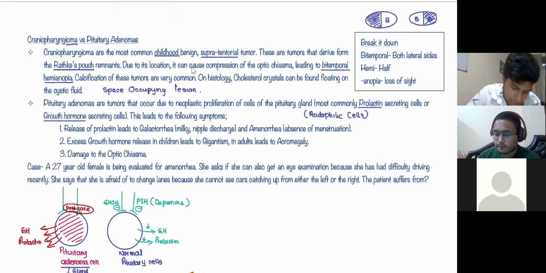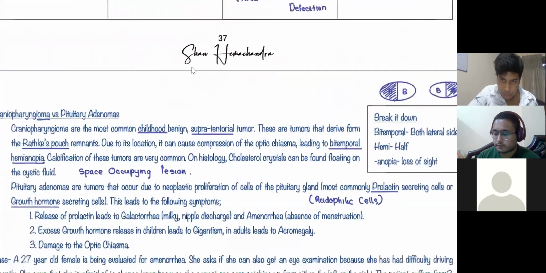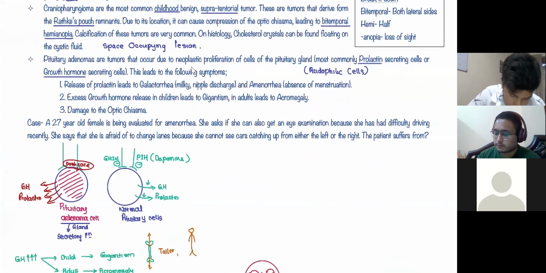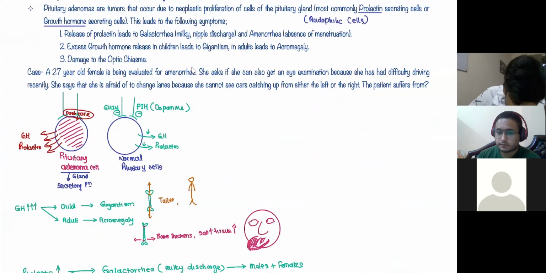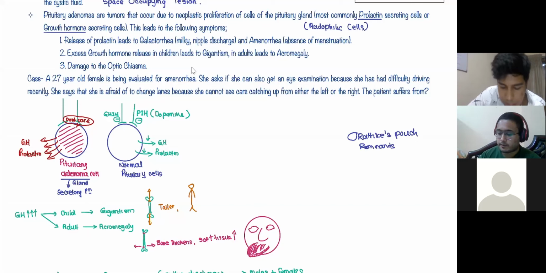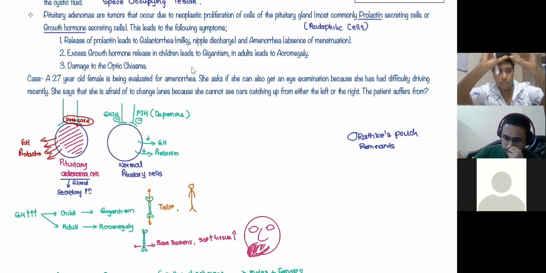Now there was a word here that said supratentorial. I will explain the differences now. Craniopharyngioma is a tumor that occurs because of cells in the Rathke's pouch remnants. These cells are supposed to go and attach to the developing posterior pituitary and form the anterior pituitary, but on the way some cells are left behind.